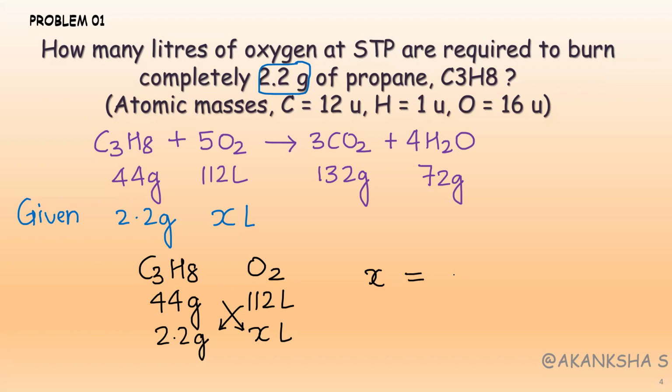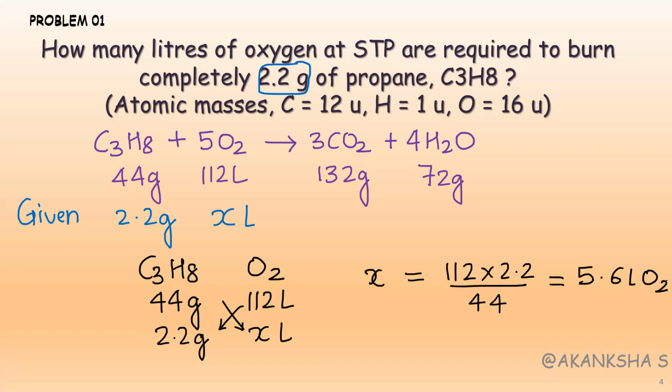X liters of oxygen basically is 112 into 2.2 upon 44, which might come close to 5.6 liters of oxygen. When you calculate, you'll be able to get through this.